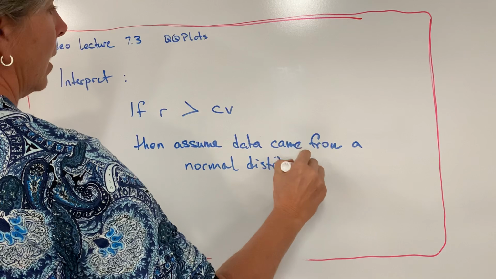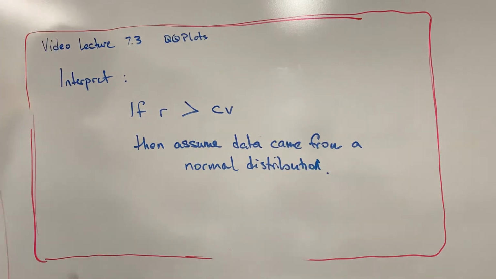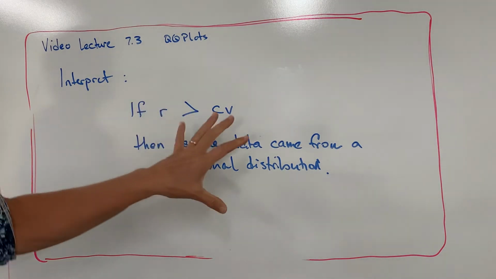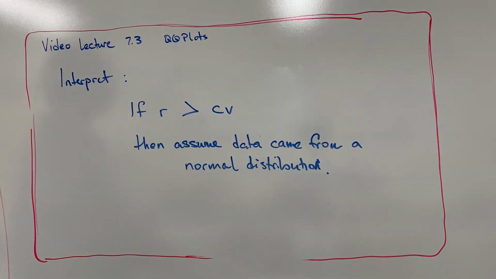And why do we care about that? Because if something was normally distributed, then we would be able to answer all kinds of questions about it using our normal calculator, which you're pretty much not going to do in this section. You're just going to spend your time deciding whether or not it did come from a normal distribution.